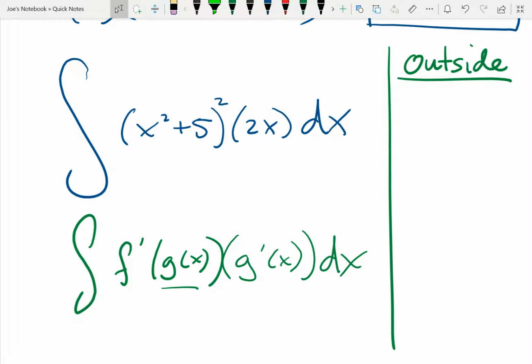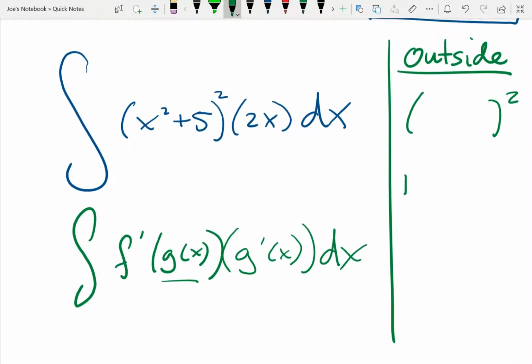I see an outside shell. I see something being squared. Your book will call it x squared, it's the input. I see something being squared. Then go ahead and look at the inside of it.